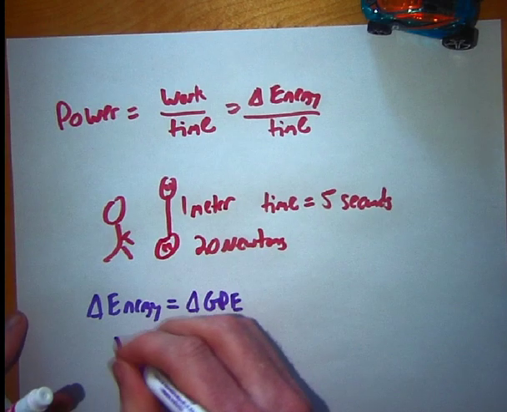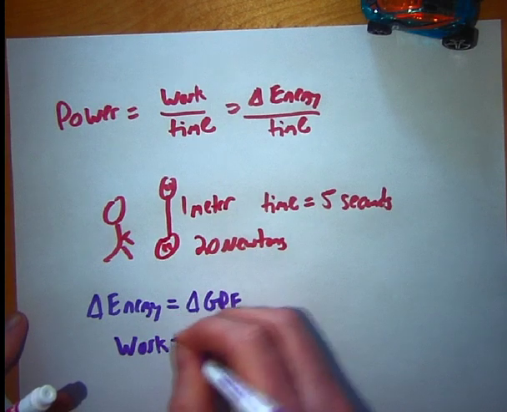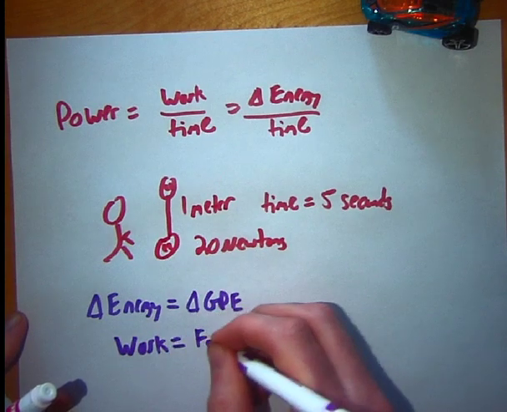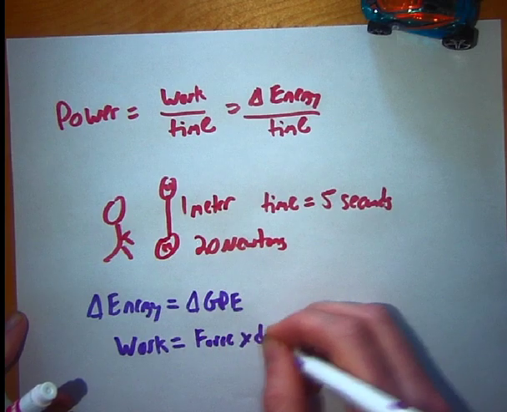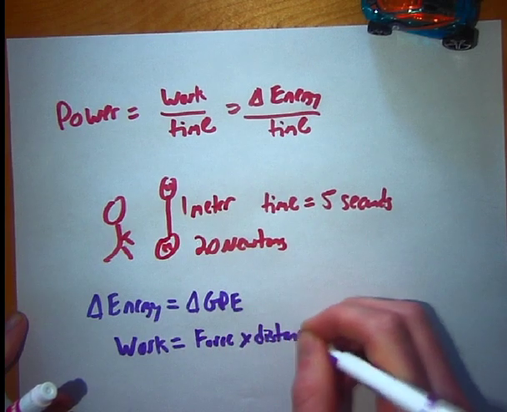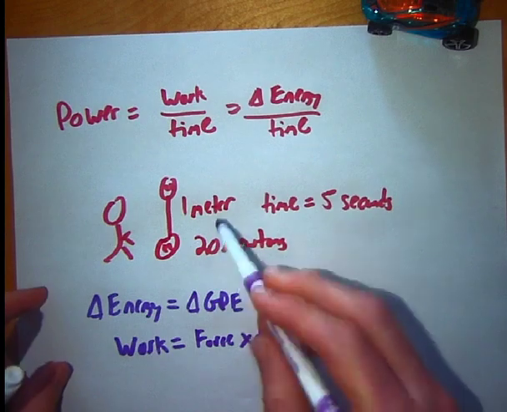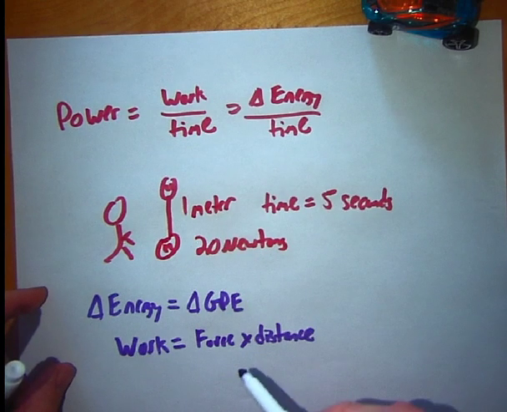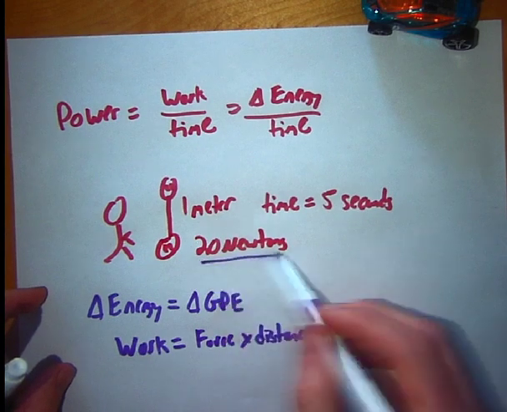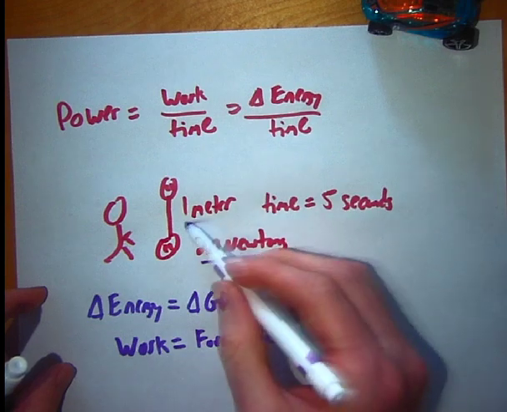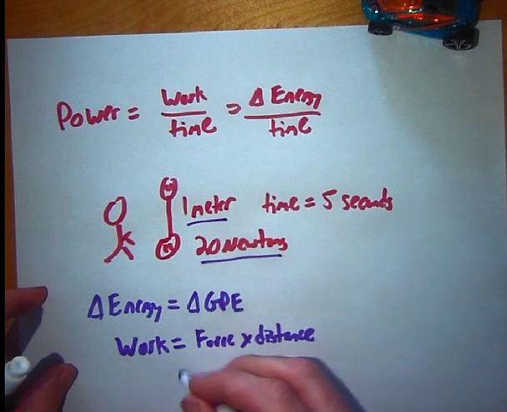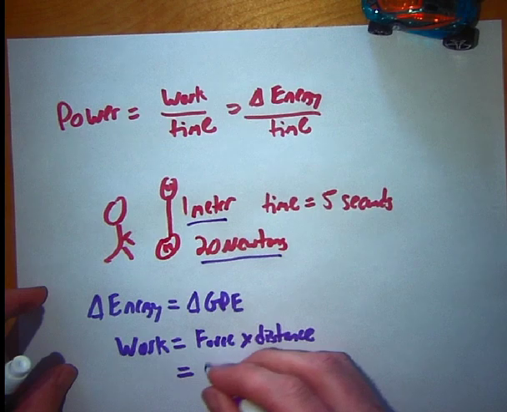There's another equation for work. Work can also be expressed as a force times a distance. How much force was exerted and for how much distance was that force exerted over? In this particular case, 20 newtons was the force and the distance was 1 meter. So we can figure out very easily how much work was done here.